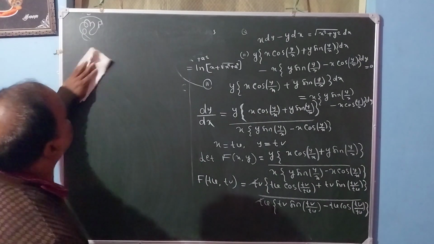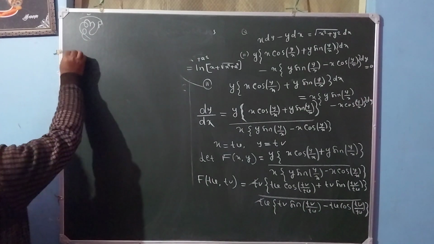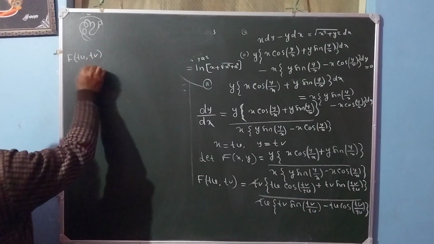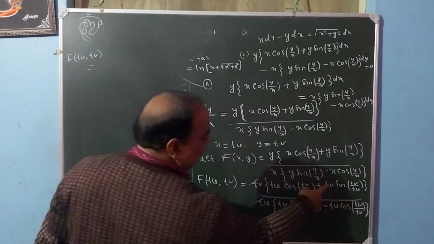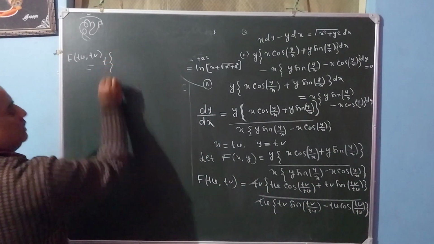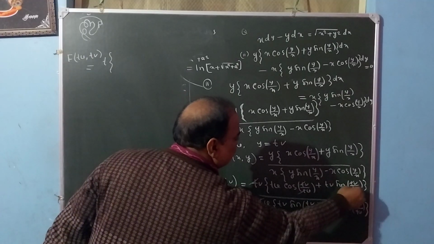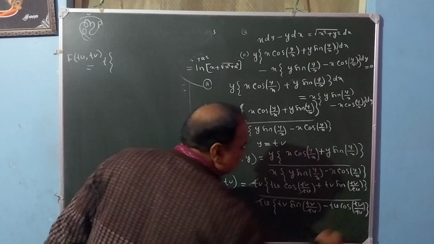Write down f of tu tv. Here t is taken common, so t cancelled with t in the numerator and in the denominator.